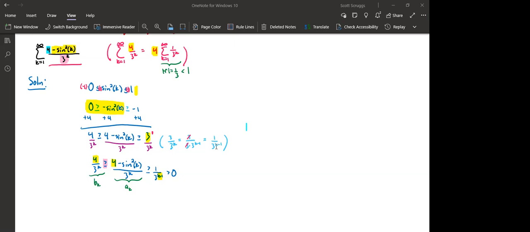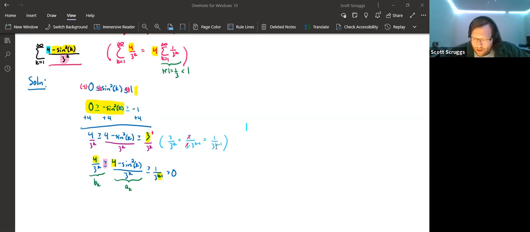If this was a free response on an exam, would we have to show the work of how we got our b_k? I think if you just say, here's your b_k, and then you have it appear when you're verifying the inequality, you should be good to go.